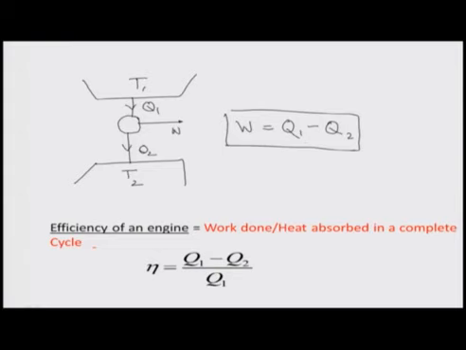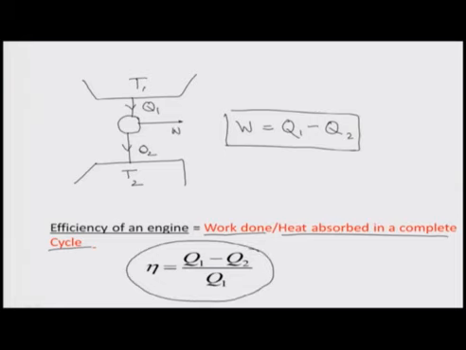Now, one can define the efficiency of an engine. Efficiency is defined as work done divided by heat absorbed in a complete cycle. That is simply Q1 minus Q2 over Q1. So, this is the expression.